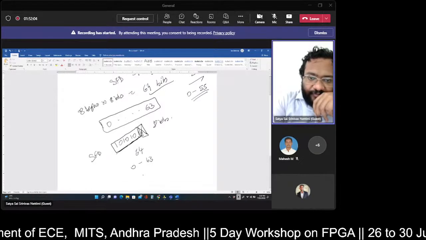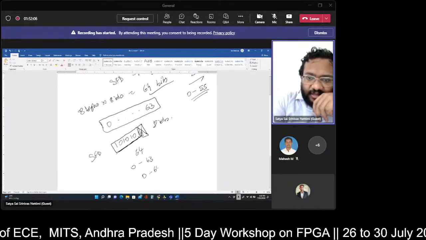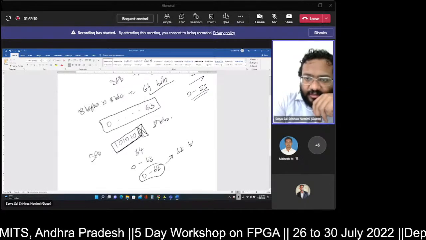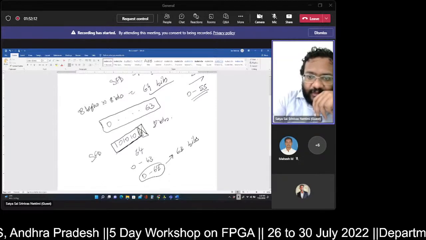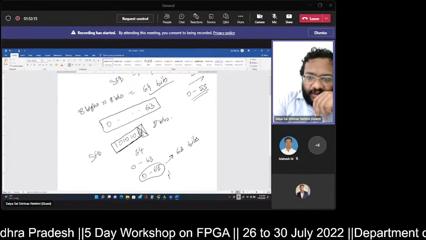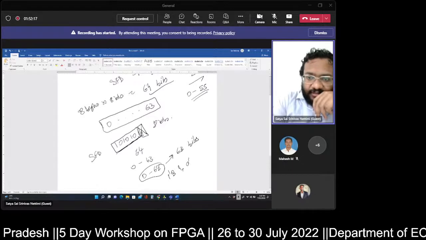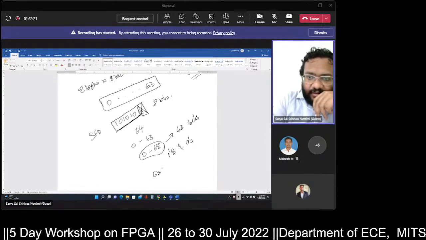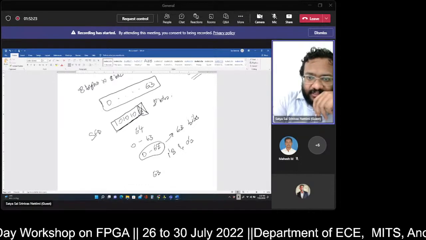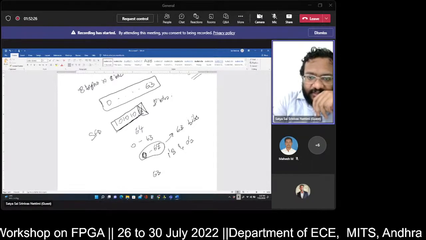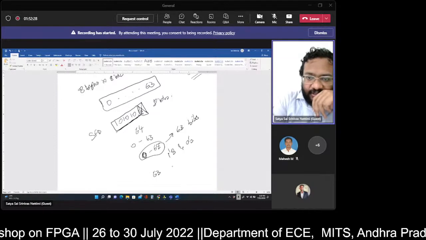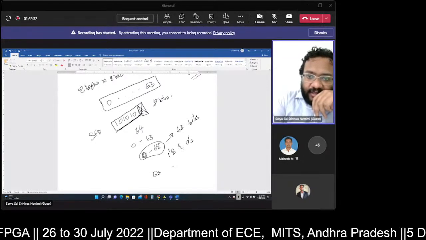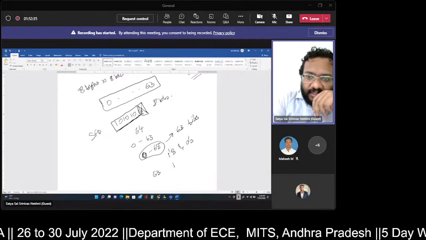So from 0 to 62, that means 63 bits, it is alternating ones and zeros, and the last bit, since we are counting from 0, the last 63rd position bit, instead of making it 0, we make it as 1.